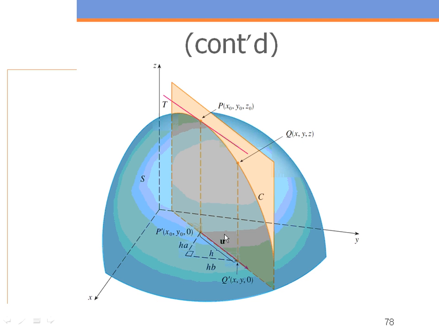This graph shows what the directional derivative means when the unit vector is given: this is the derivative, the directional derivative, in the u direction of this surface at this point.